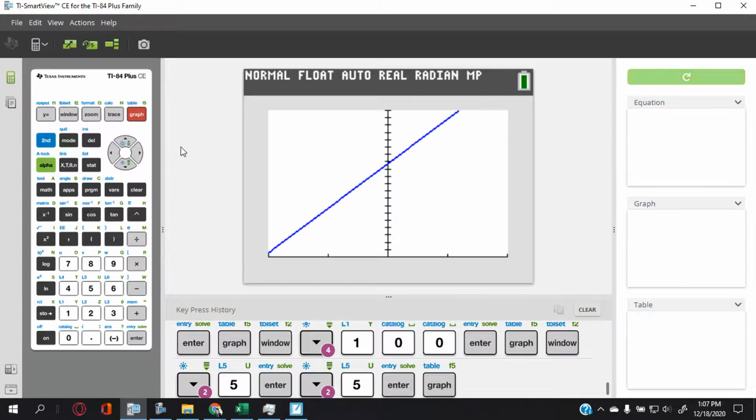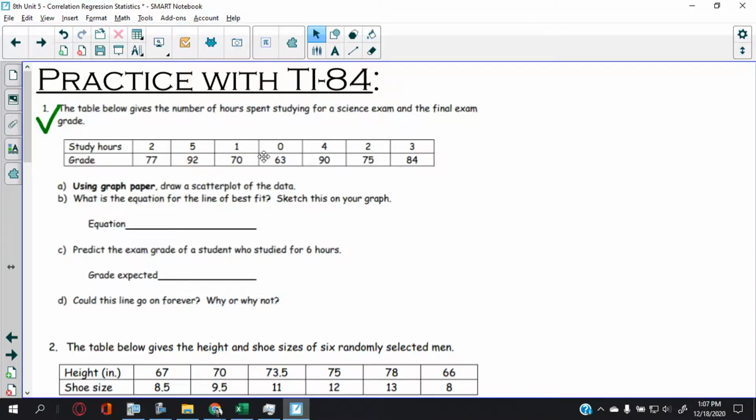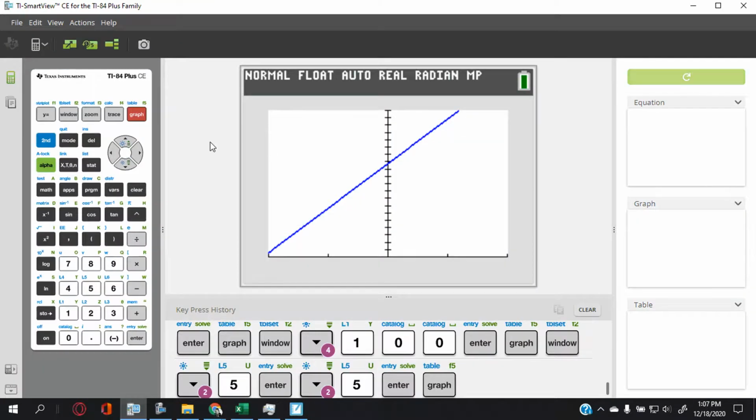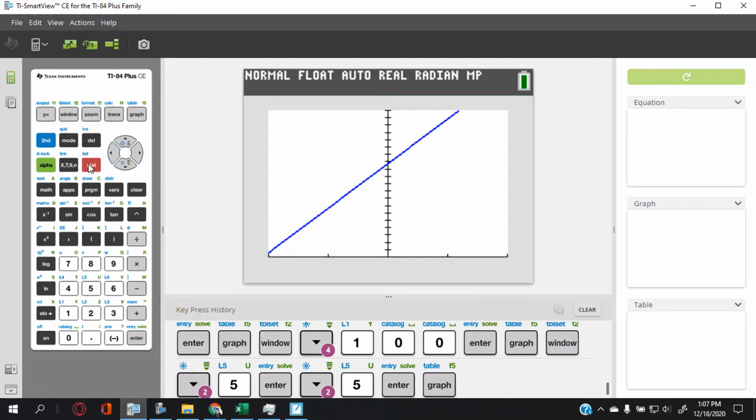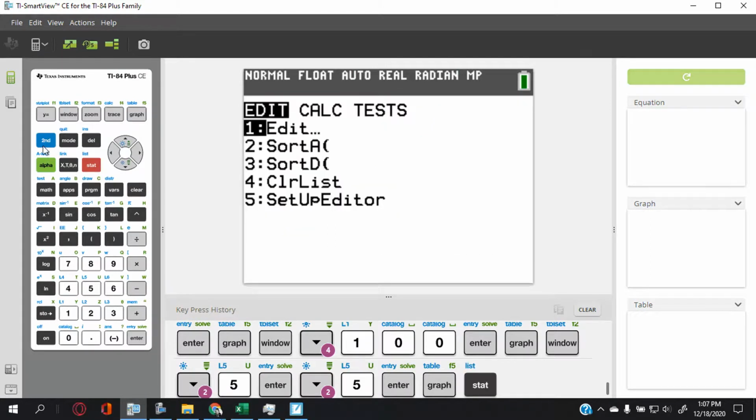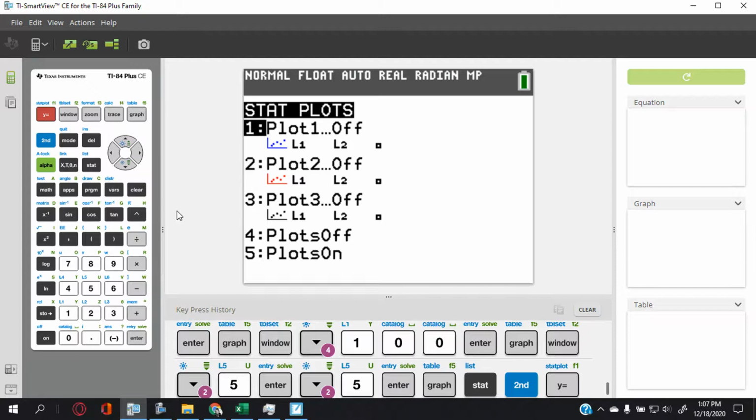So now I'm going to plot the points from the original table onto the graph so you can see everything at once. All right, wouldn't that be nice? All right, I go to stat. No, wrong. Stat plot, second, right? Y equals, see the little button right here, stat plot. I'm going to turn the plot on. So I'm going to press enter.